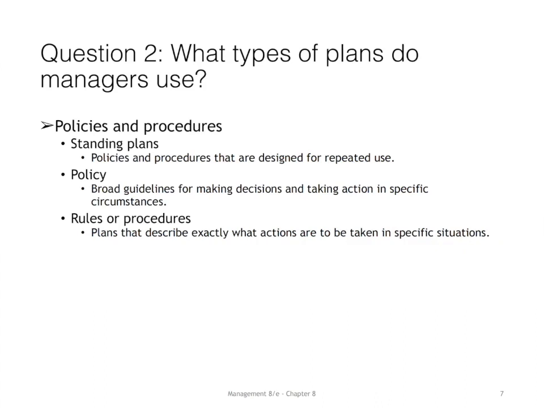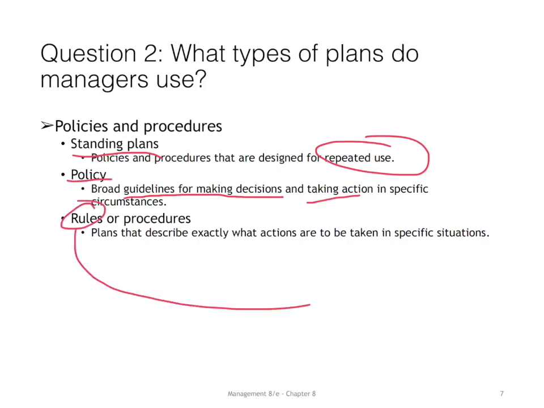We can see the keywords: standing plan is repeated use. Policy is a guideline for making decisions and taking action. A rule is for a specific situation. So the rule must be very specific.